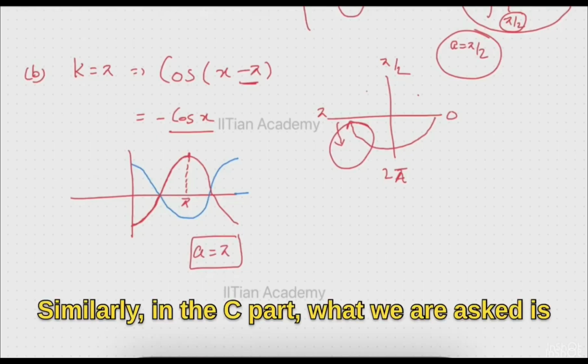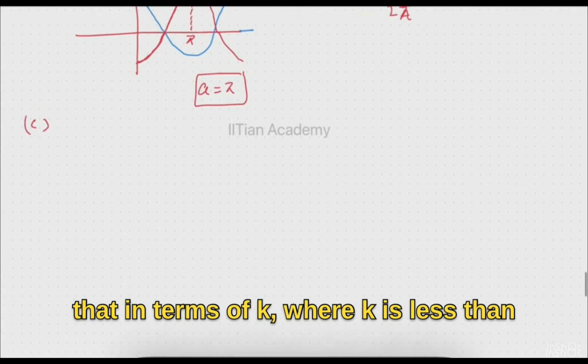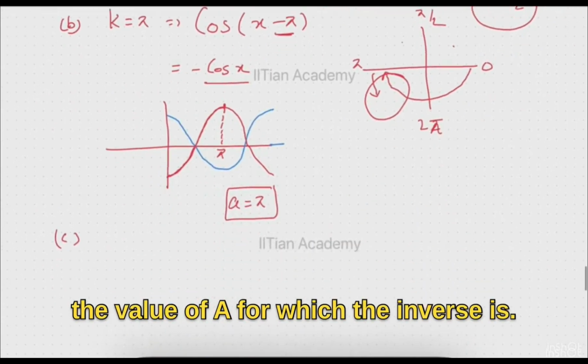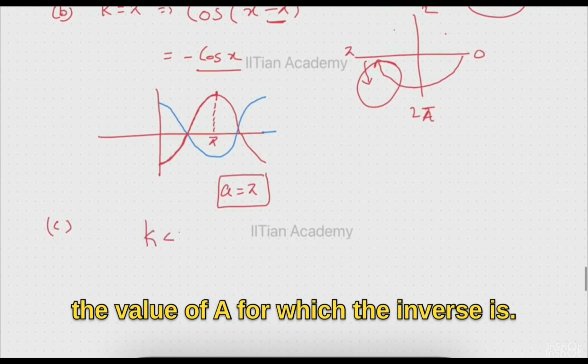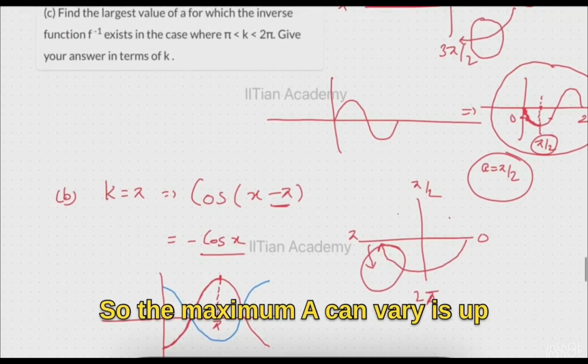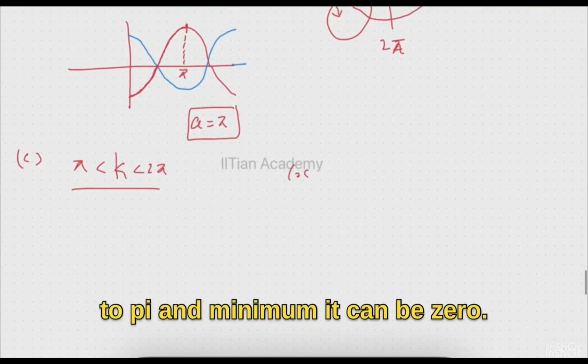Similarly, in the C part, what we are asked is, in terms of k, where k is less than 2 pi and greater than pi, we have to identify the value of a for which the inverse exists. So we know the graph is cos(x − k). The maximum a can vary is up to pi and minimum it can be 0.